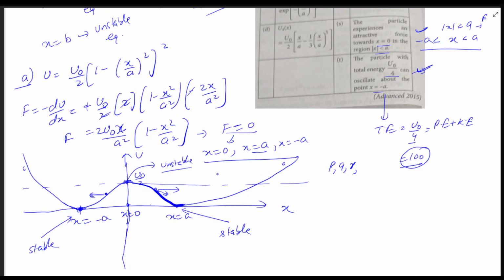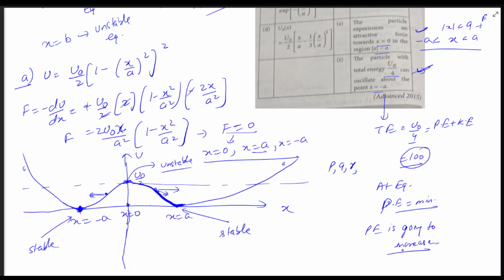Now look at this point, it's a stable equilibrium. At equilibrium we know potential energy is minimum, and at other points potential energy is going to increase, we know that, right?